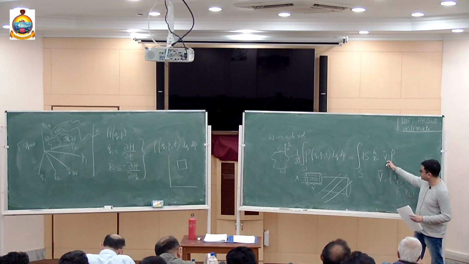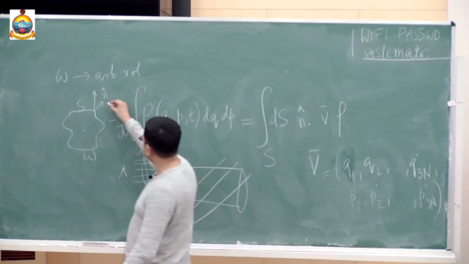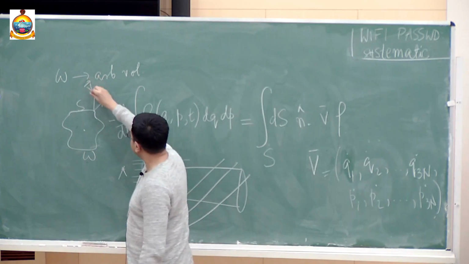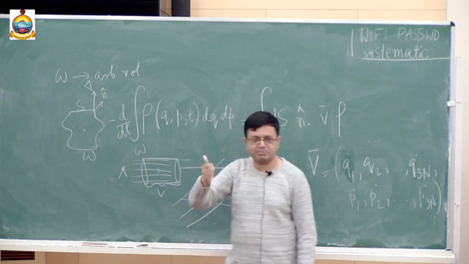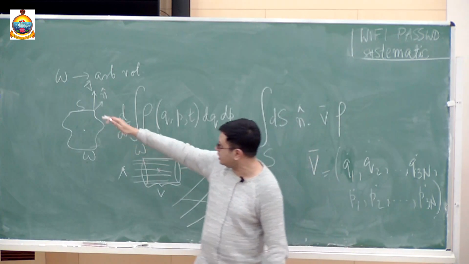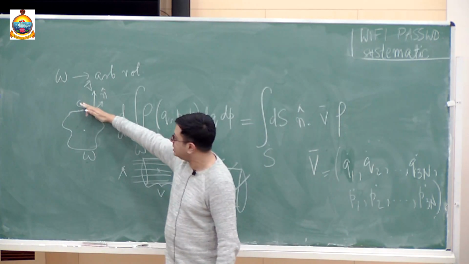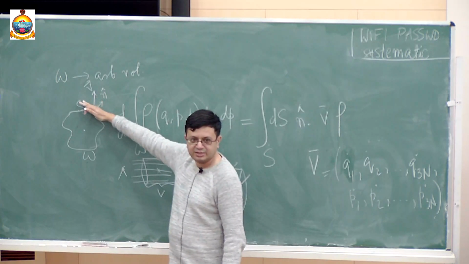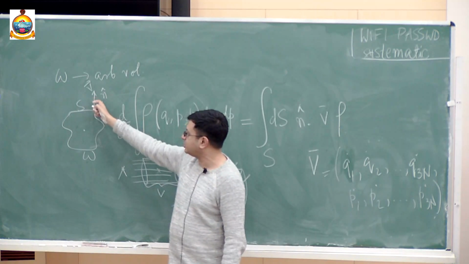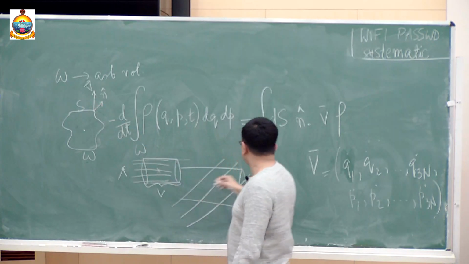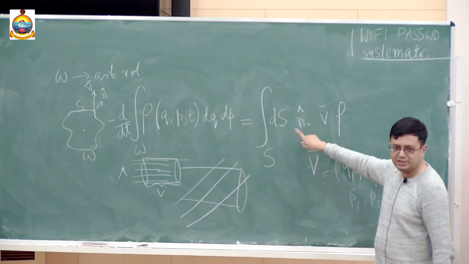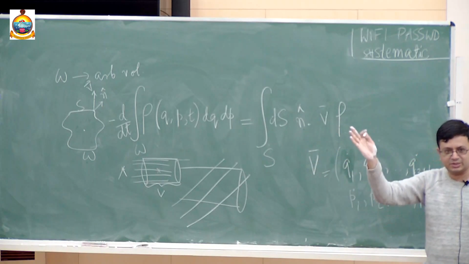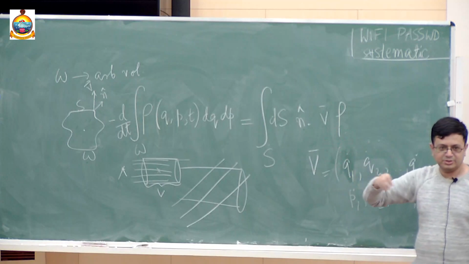So this is fine, right? This v is the velocity direction and n is the unit vector perpendicular to the surface. I want to know how many points are crossing a unit area whose perpendicular is given by the unit vector n. So I have to take the component of velocity along n. That is what I have done here, n dot v. That gives me the component of velocity along the direction normal to the surface, times rho.